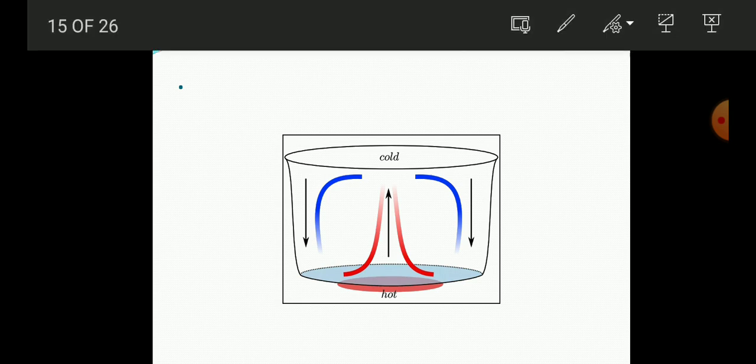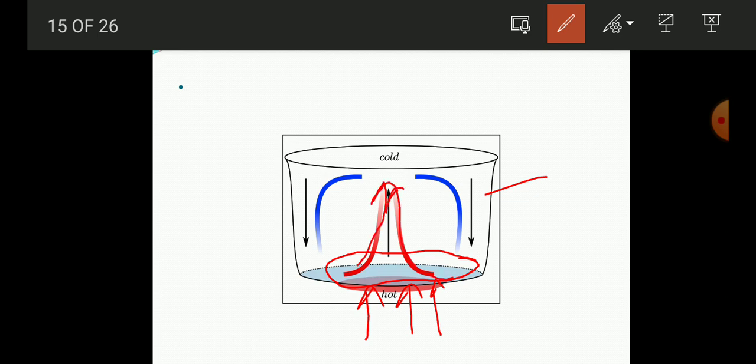Here you can see, students, what happens when you boil water in a vessel. When you provide heat to the vessel, the water near it gets warmer and moves upward. The water molecules move upward, and in that way an area of low pressure is created.